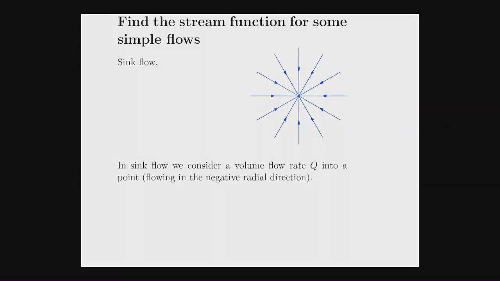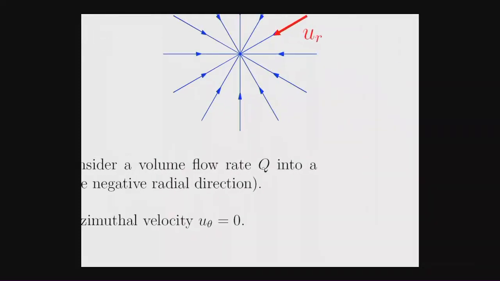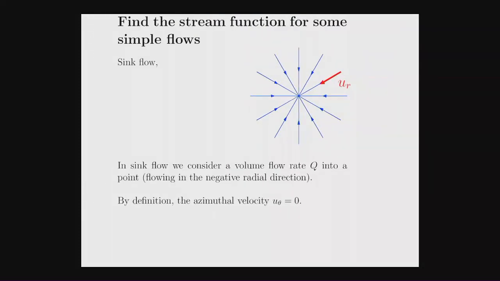So opposite to a source is a sink flow. Basically, you have a negative radial velocity. Okay? So you have a flow going into a point. Right, and again, u theta is equal to 0.